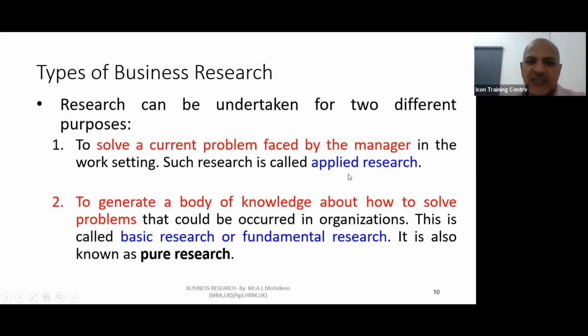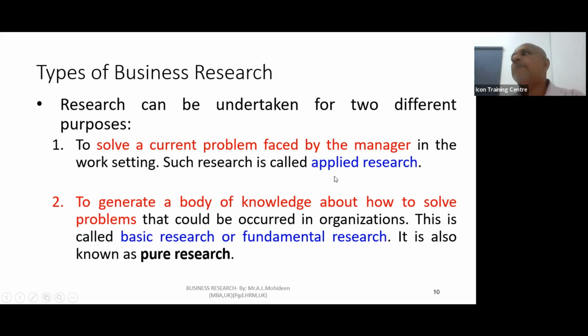Research can be done in different areas. The areas I have defined are from the marketing department and also the HR department. Now, types of business research, which I have discussed. Now we will read this. Research can be undertaken for different purposes. One, to solve the current problem faced by managers in the work setting.